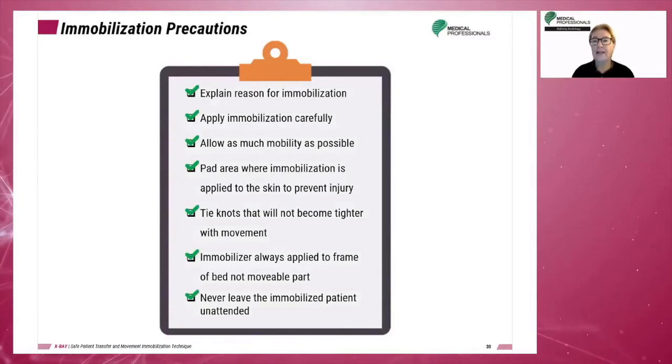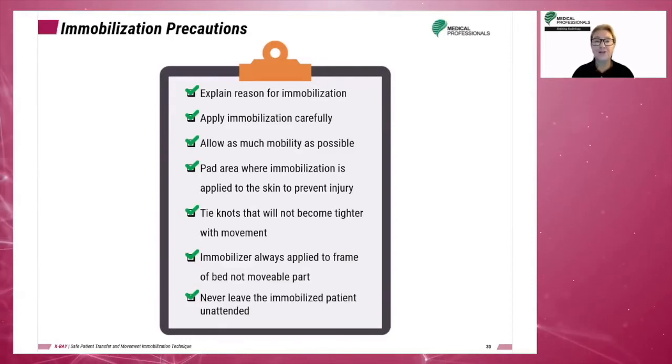Before applying any immobilization, the technologist should explain the procedure to the patient and the reason behind the immobilization. Immobilization should be carefully applied to allow the patient as much mobility as possible. Immobilization devices touching the skin should be padded to avoid injury to the skin.